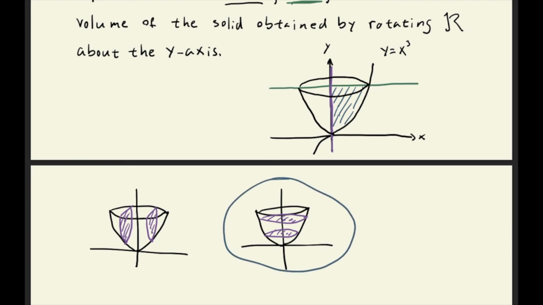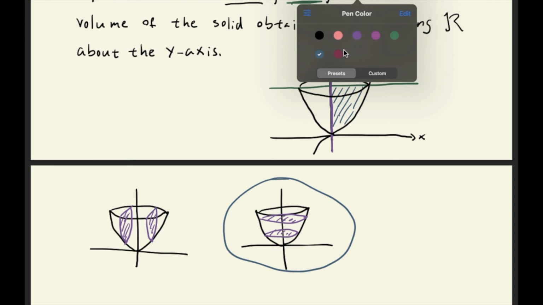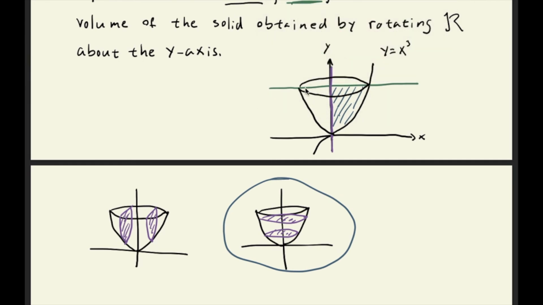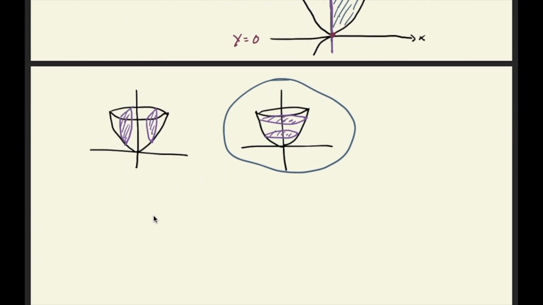All right. So it's a very similar process. First, we need to compute the smallest and biggest value of the y-coordinate in our region. It's pretty clear that the biggest value is y equals 8. That's this line that we chose. And the smallest value is here when y is equal to 0. Right? So our volume integral is going to be equal to an integral from 0 to 8.